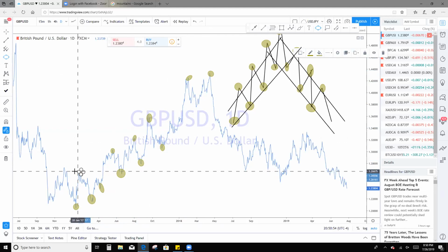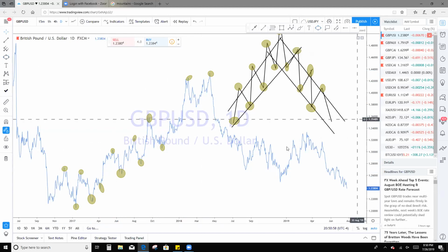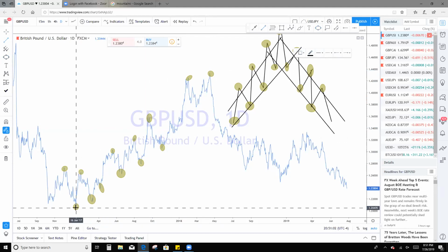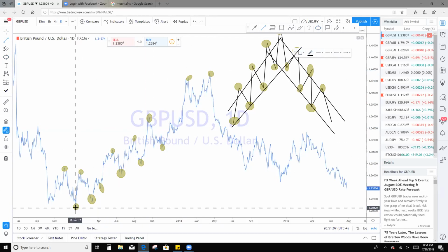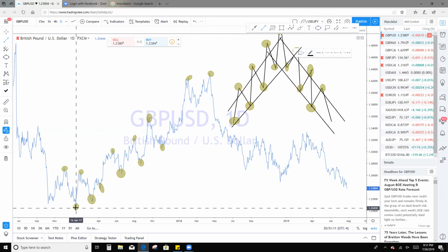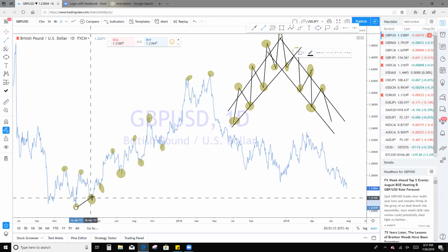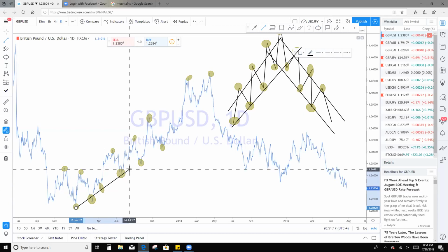I'm just taking the very, very outside of these little peaks. Once I have clearly identified my peaks, I will grab a trend line and start connecting them. You don't have to connect every last one of them, but I start from the very bottom or the very top, and I connect one peak to the next, to the next.